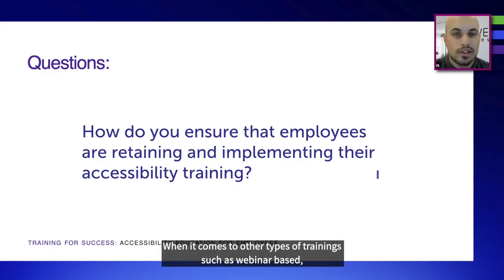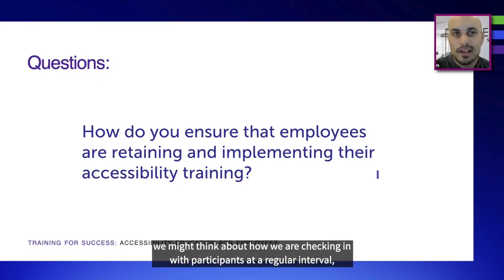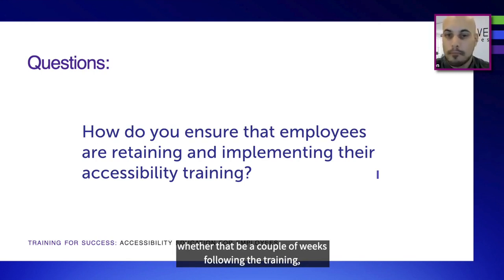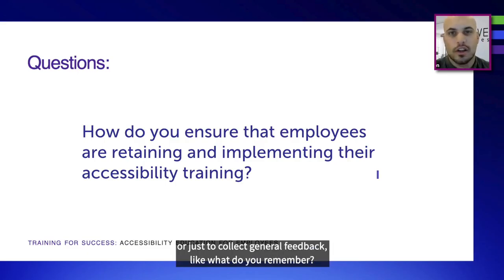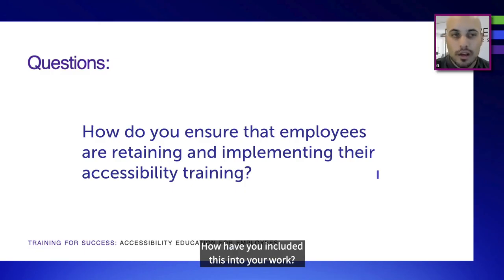When it comes to other types of training, such as webinar-based, we might think about how we are checking in with participants at a regular interval, whether that be a couple weeks following the training or a couple months, either with that quiz format or just to collect general feedback, like what do you remember? How have you included this into your work? What are some areas that you continue to struggle with?